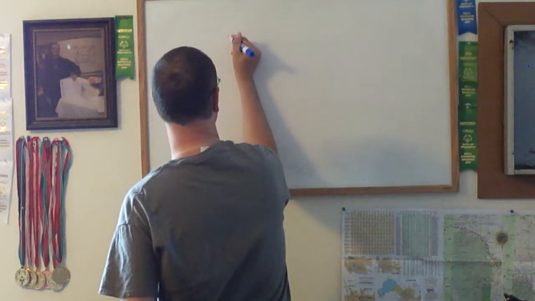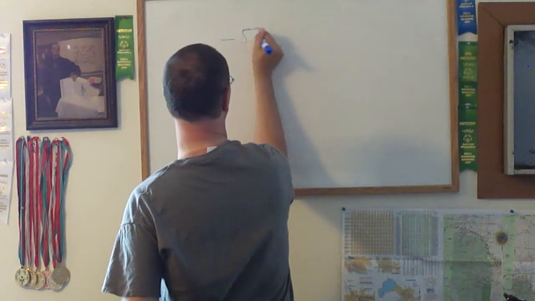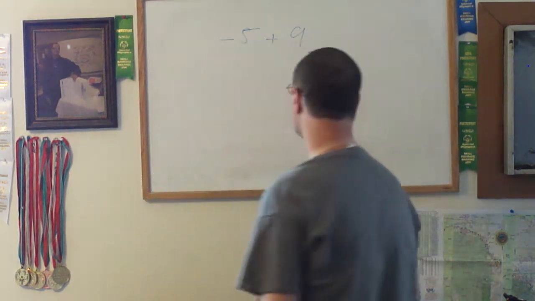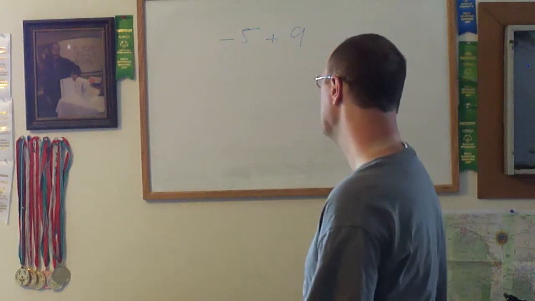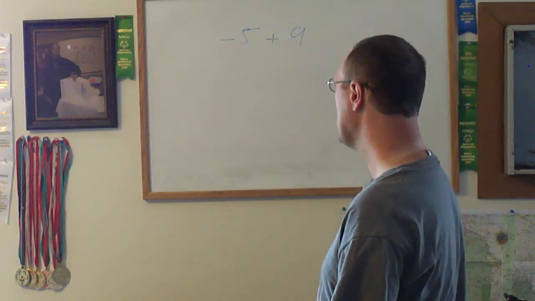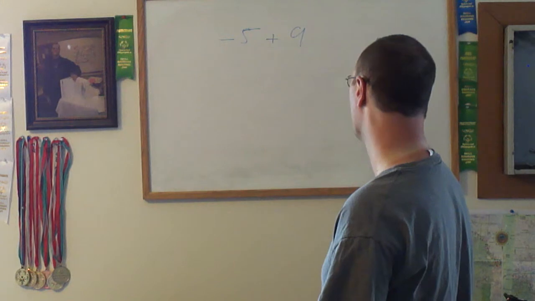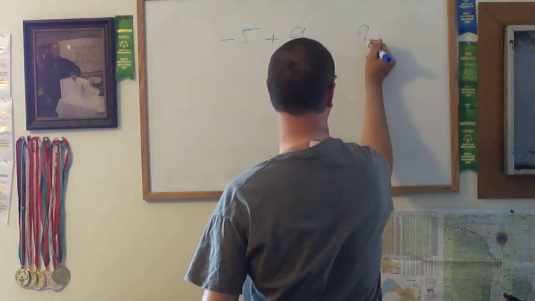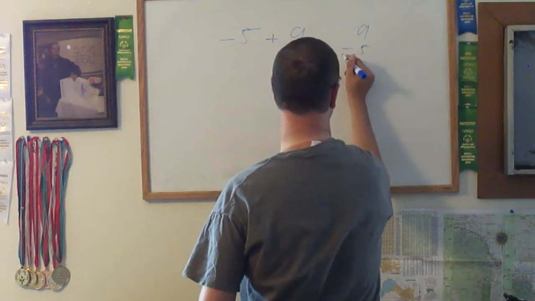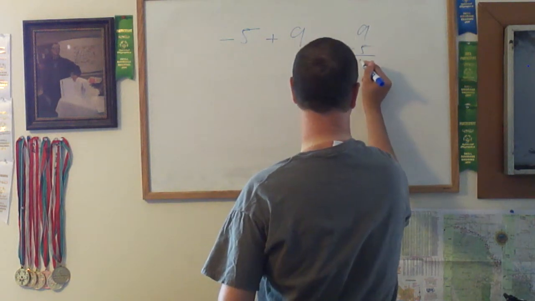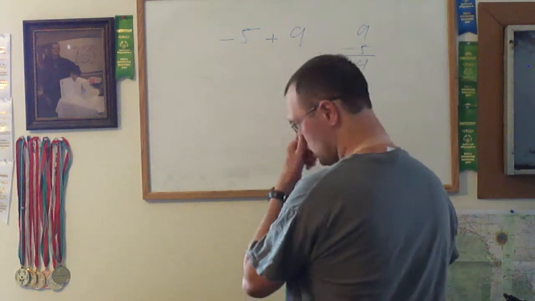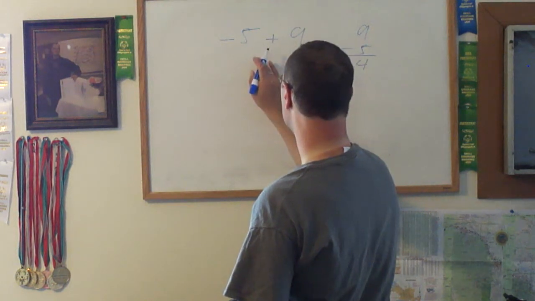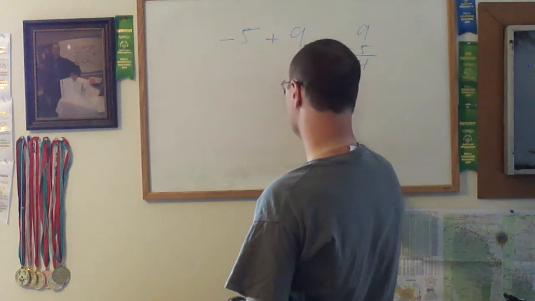For example, negative 5 plus 9. I can say that it's 9 minus 5, which equals 4. The correct answer is 4 because positive 9 is bigger.